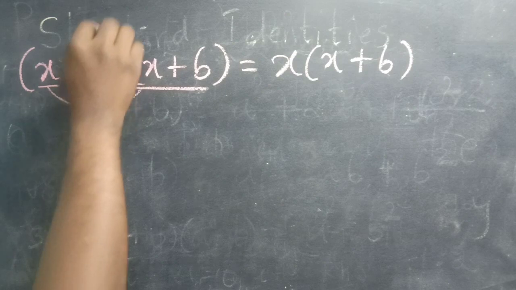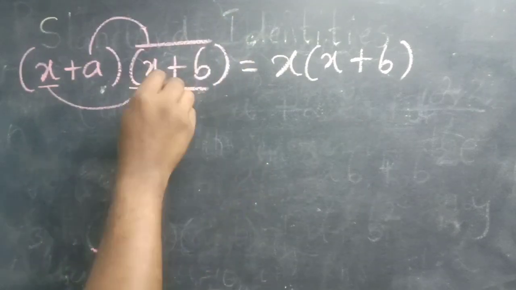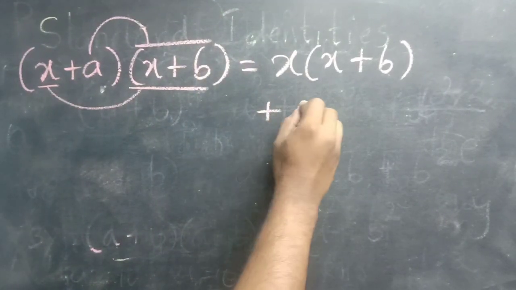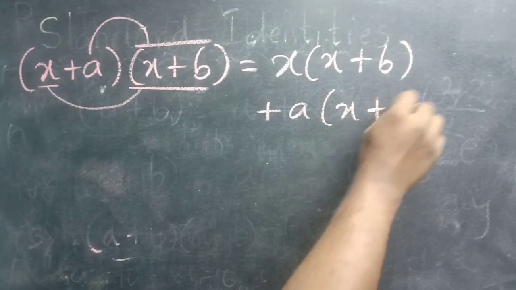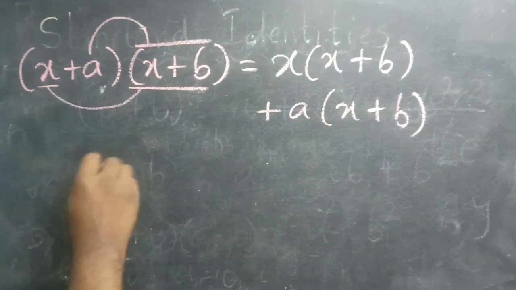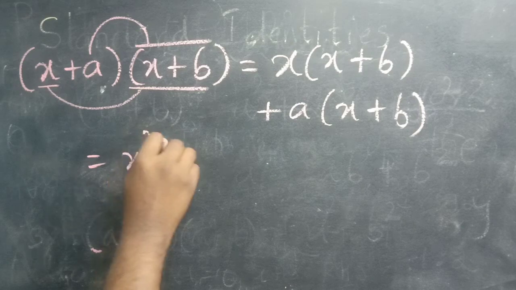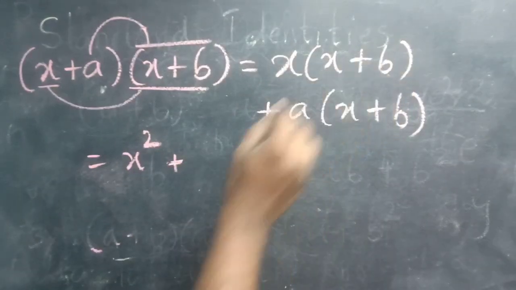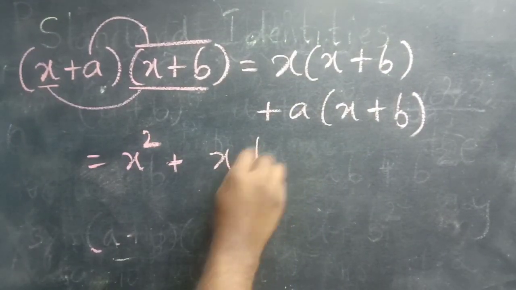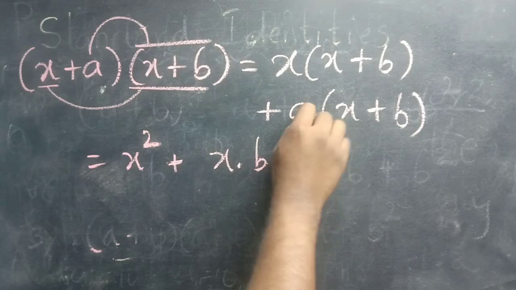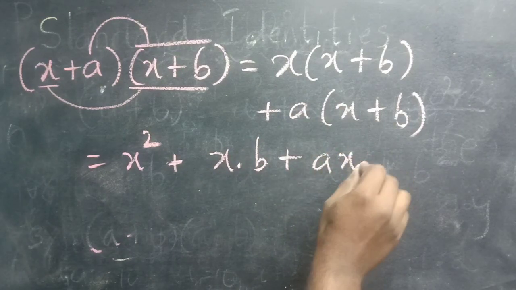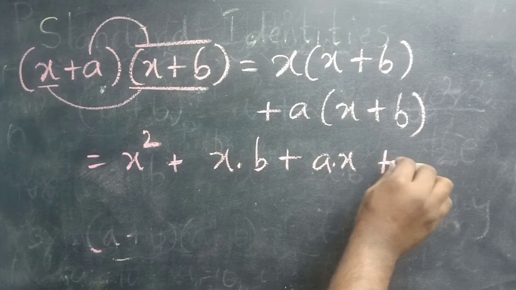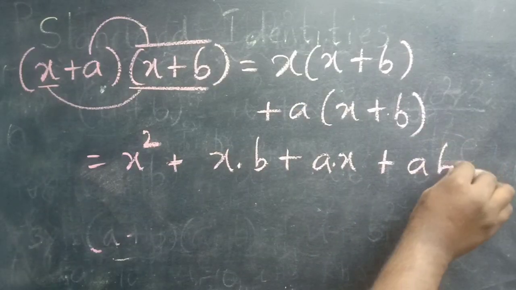Then multiply a with the binomial x plus b, what you get is a into x plus b. Now x into x is x square, plus x into b, xb. Then a into x is ax, plus a into b is ab.